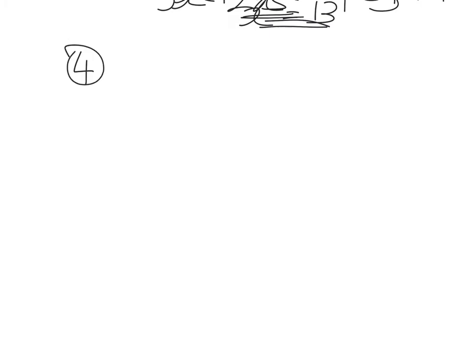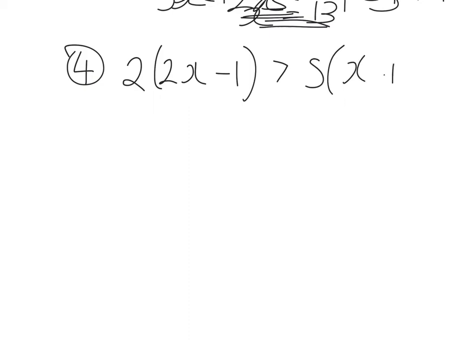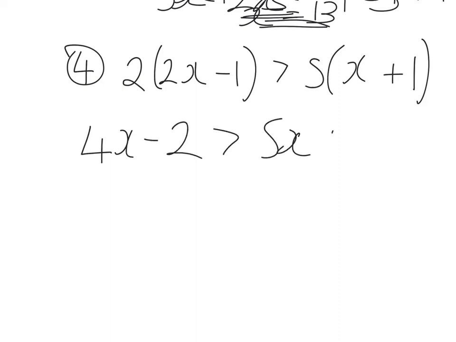Example 4: 2 bracket 2x minus 1 is greater than 5 bracket x plus 1. So remember that these can be solved in the exact same way. I just need to watch out for, if I need to divide through by a negative number, then at the point of division by the negative number, I need to flip the inequality around. So that's 4x minus 2 is greater than 5x plus 5.